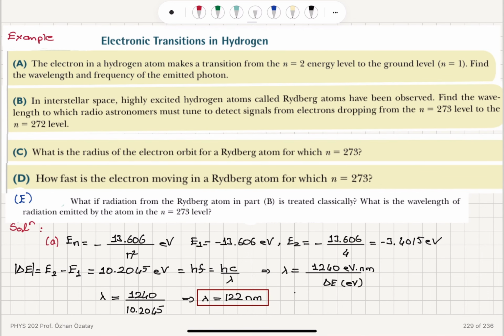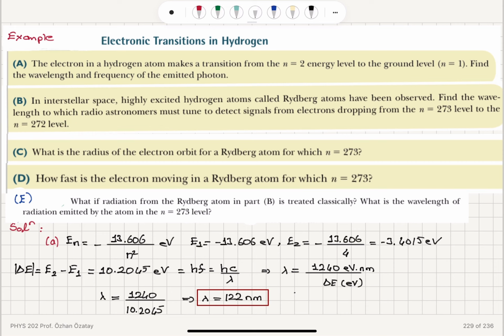Part E, what if radiation from the Rydberg atom in part B is treated classically? What is the wavelength of the radiation emitted by the atom in the n equals 273 level? So instead of using the Bohr model, we are assuming that the radiation doesn't come from n equals 273 to n equals 272 level transitions.